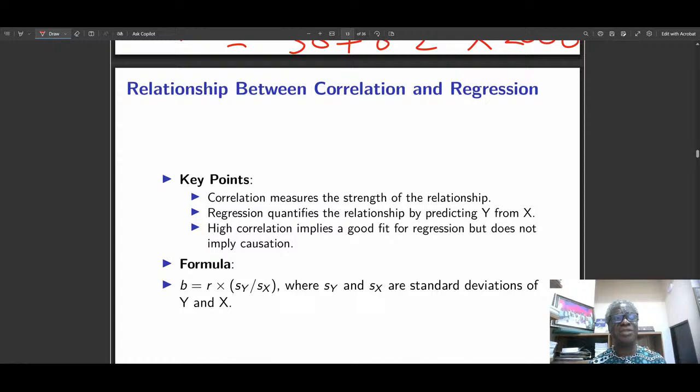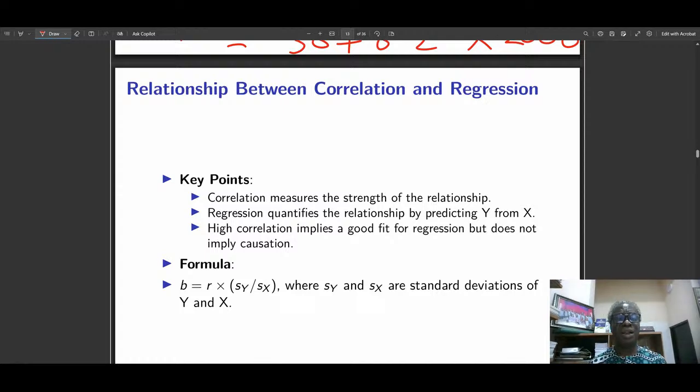A high correlation can help to improve the predictive performance of the regression model. But always remember that correlation does not imply causation. It doesn't imply that X is causing Y or Y is causing X.